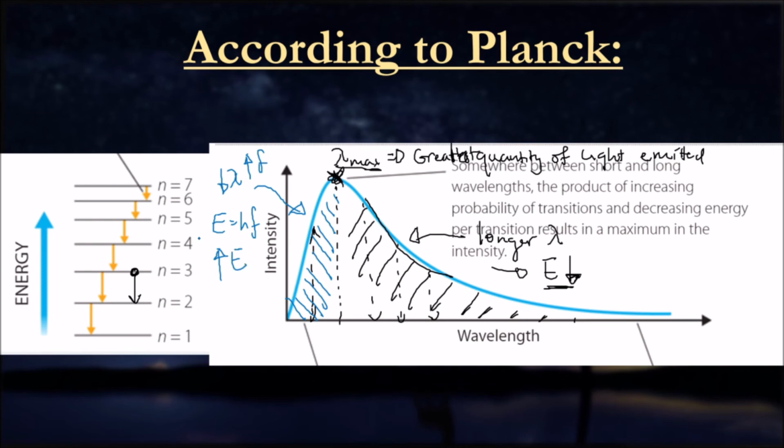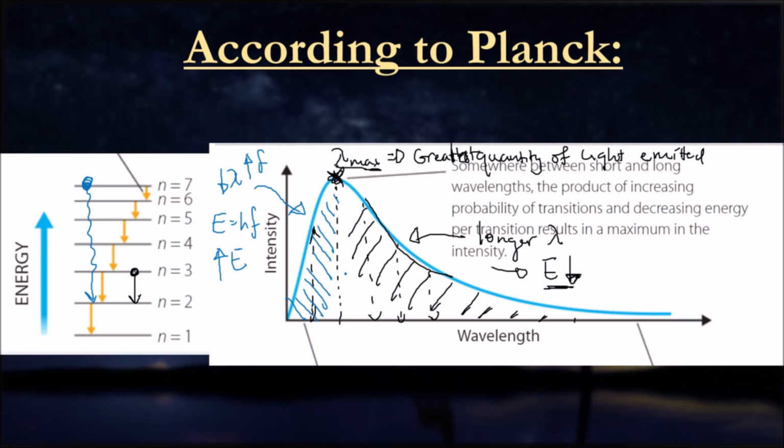Now, if it's very energetic light being formed, that means it would come from a higher transition to a lower transition. So for this transition here from high to low, because that gap is a lot bigger, that sudden drop-off occurs because it's less likely to occur. While the ones on the right-hand side of the peak are more likely to occur because it's a lower energy value.